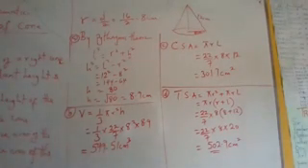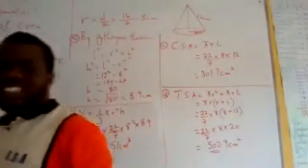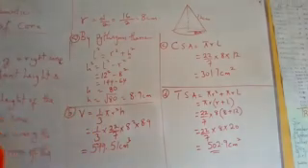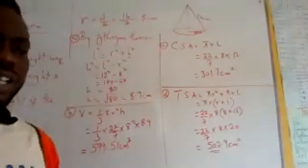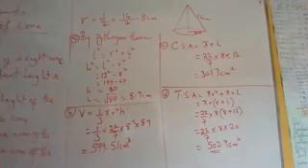All right, so this next question has a combination of both cylinder and cone. A combination of a cylinder and a cone. So let's see how you solve that.